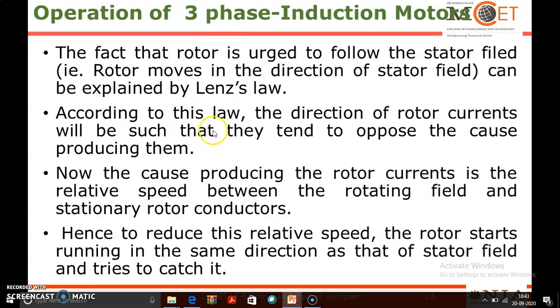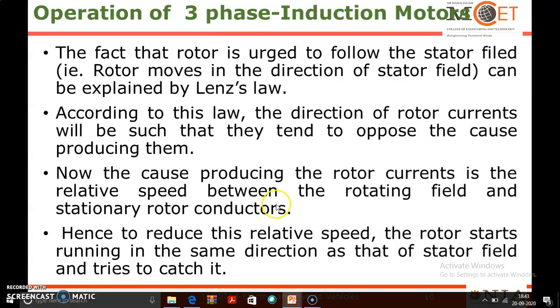According to Faraday's law and Lenz's law, the direction of the rotor current will be such that it tends to oppose the cause producing it. Now, the cause producing the rotor current is the relative speed between the rotating magnetic field produced by the stator and the rotor conductor, that is said to be the slip.